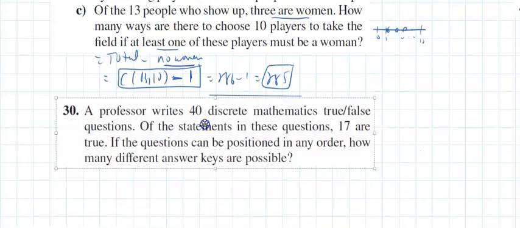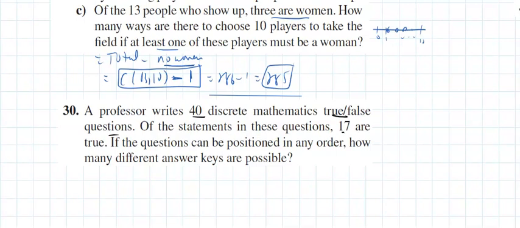And the last problem I have, a professor writes 40 discrete mathematical true or false questions. Of the statements in these questions, 17 are true. So there are 40 questions true or false, 17 of them are true. If the questions can be positioned in any order, so the order in this case doesn't matter, how many different answer keys are possible?